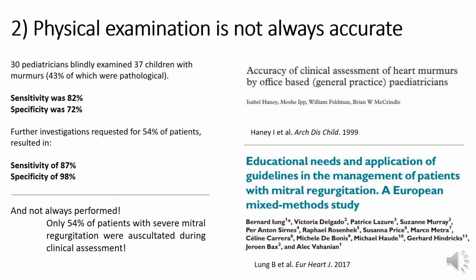In a survey of 30 pediatricians who blindly examined 37 children with murmurs, sensitivity was 82%, meaning that 18% of children with significant murmurs were missed, while specificity was only 72%, meaning that 28% were thought to have a significant murmur, while in reality the murmur was benign. After further testing was performed, likely an echocardiogram, specificity improved to 98%, but sensitivity remained in the 80% range.